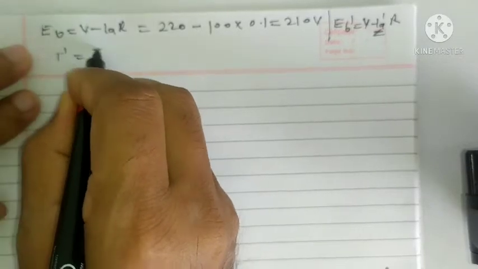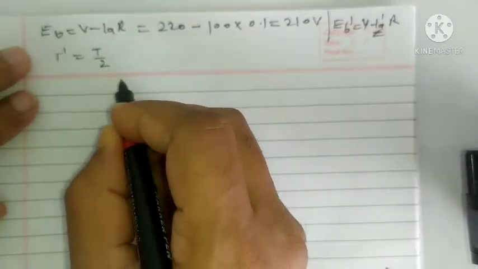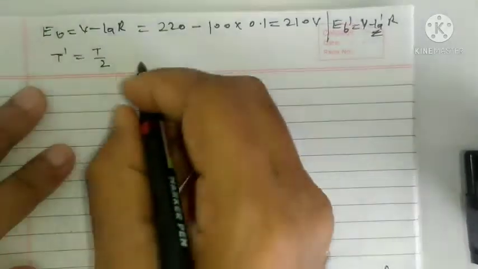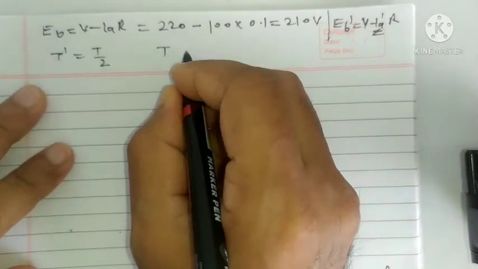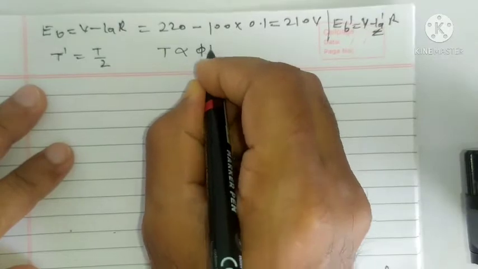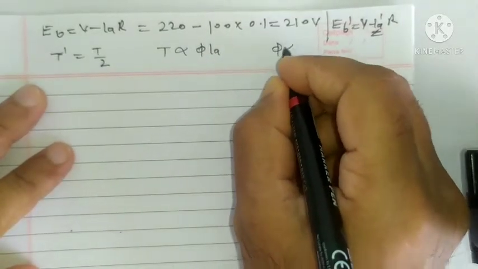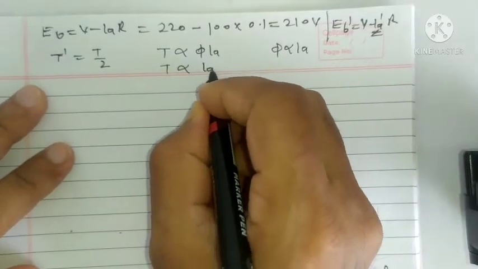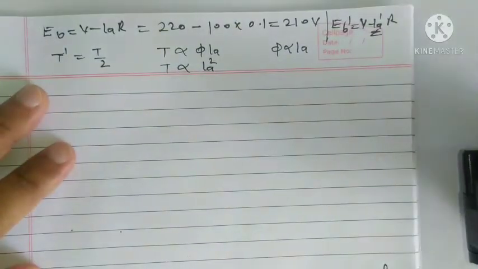T dash, the torque produced in the new case, is half of the original torque. What is torque? It is directly proportional to phi IA, but phi is directly proportional to armature current. Therefore, I can write torque is directly proportional to IA square.